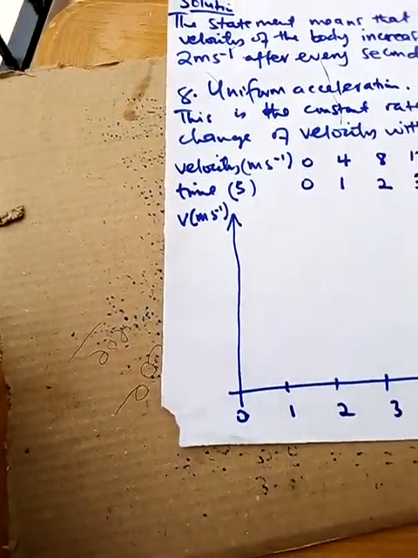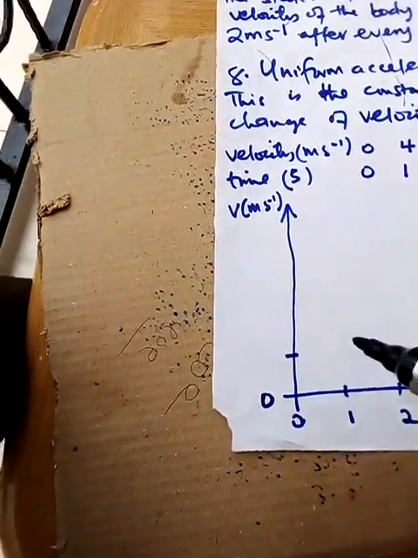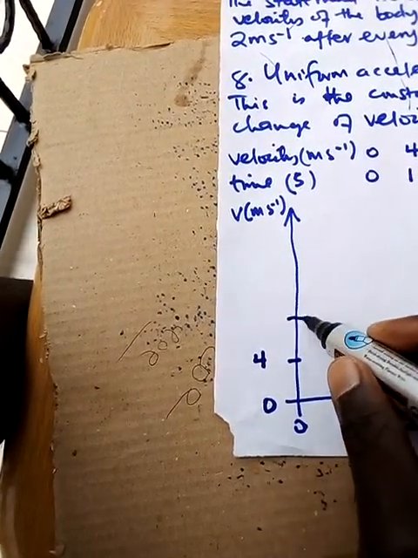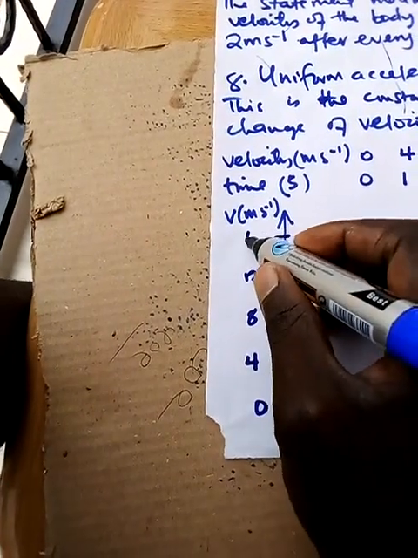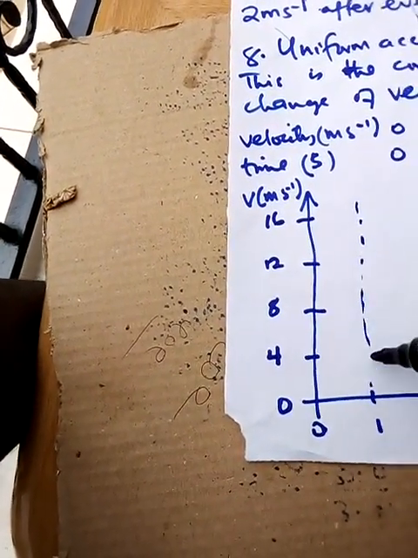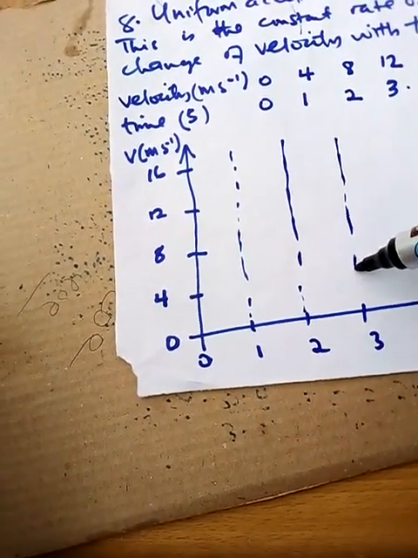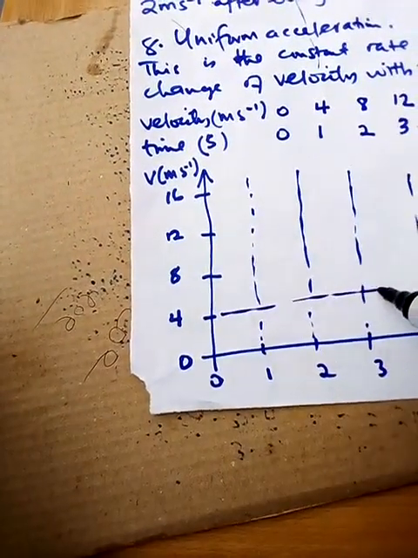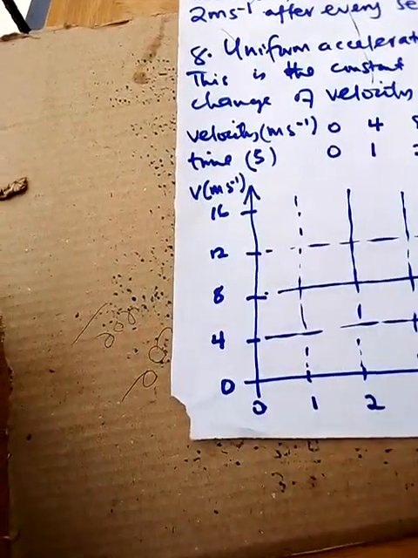On this side, velocity starting point is 0, and maybe we have 4, 8, 12, 16. I'm going to dot this to separate my time intervals properly, and then also the velocity intervals properly.